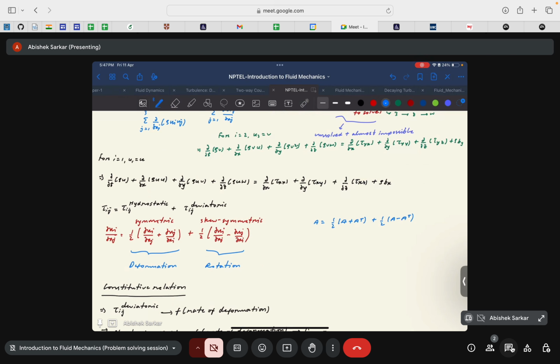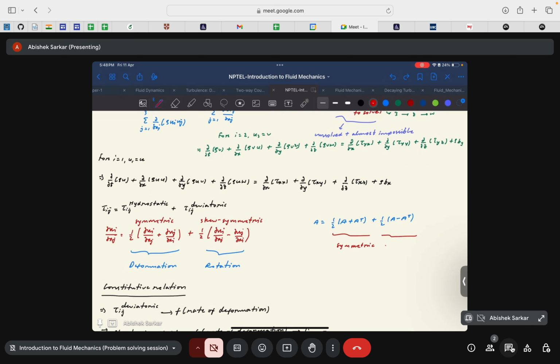Okay. So if you recall this, a matrix can be represented as a sum of a symmetric and a skew symmetric matrix. Okay. So this matrix will always be symmetric. It is half times the sum of the matrix and its transpose, and this is skew symmetric, which is half of the matrix minus its transpose.